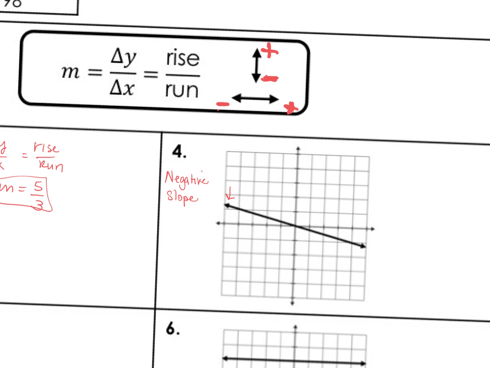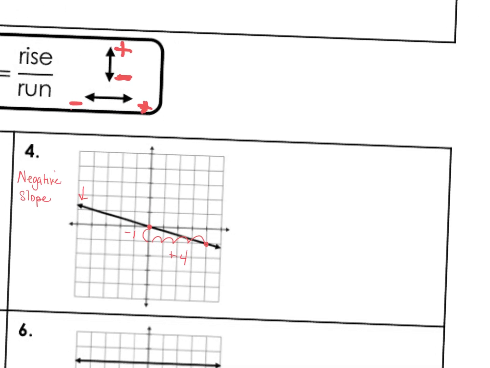Okay. Then again, we're going to find 2 points that cross at the corner. And we're going to count. We're going to go down 1, so that's negative 1, and over 1, 2, 3, 4, in the positive direction.